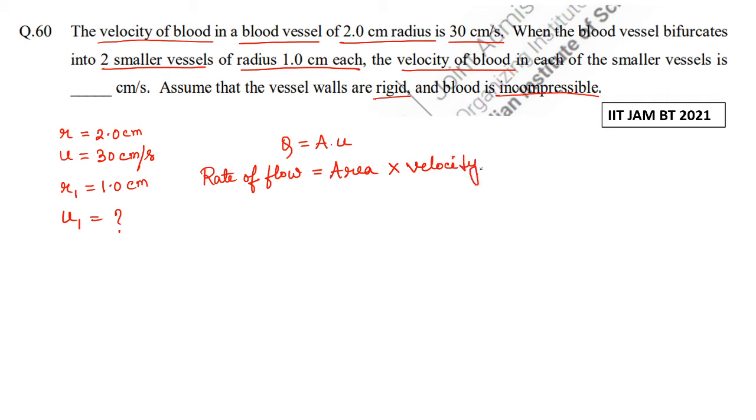Now you may ask from where we get this formula, right? Rate of flow is equal to area times velocity. Now let us first understand if we can deduce this formula or not.